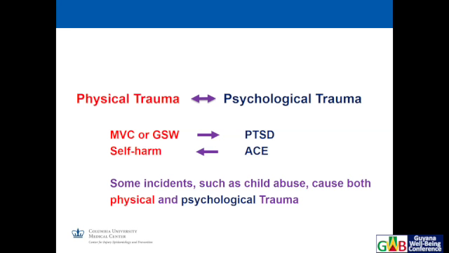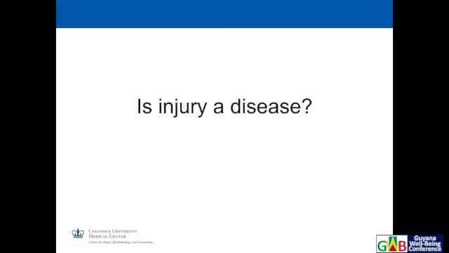And some instances, such as physical abuse or sexual abuse, child abuse, cause both physical and psychological trauma. So child abuse in itself involves both physical and psychological trauma.